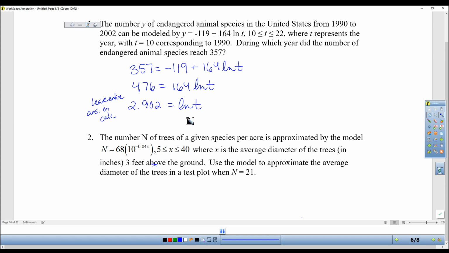And then how do I undo an ln? With an e. So you want to do e to the 2.902. When you're showing me your work, you may round to 3 decimal places, but when you're actually doing it on your calculator, you shouldn't round. So this side just gives you t. Instead, you can do e to the, and then hit the button that says answer.